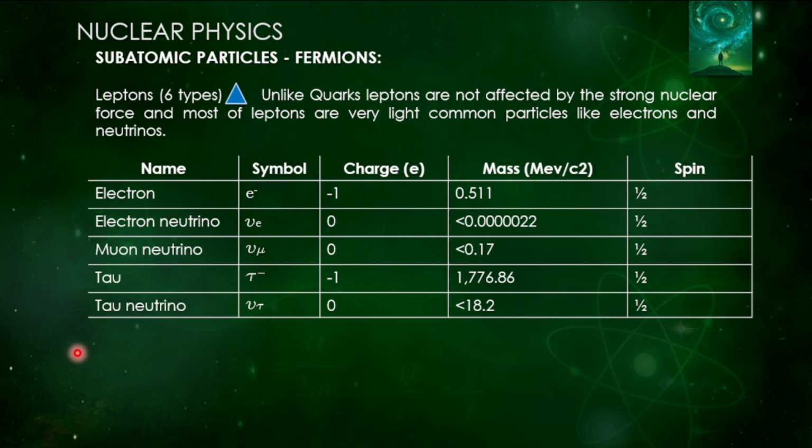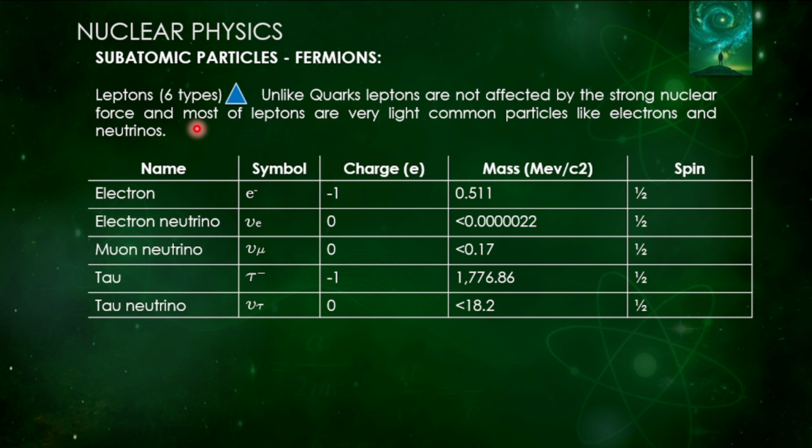The other type of fermions is leptons, also 6 flavors. Now, unlike quarks, leptons are not affected by the strong nuclear force, which is a force that binds protons and neutrons together. It's a powerful force that pulls them together.